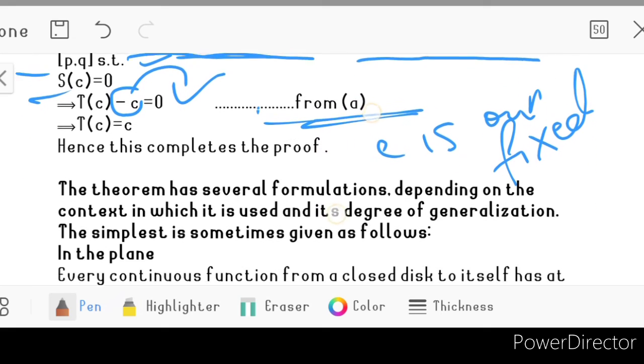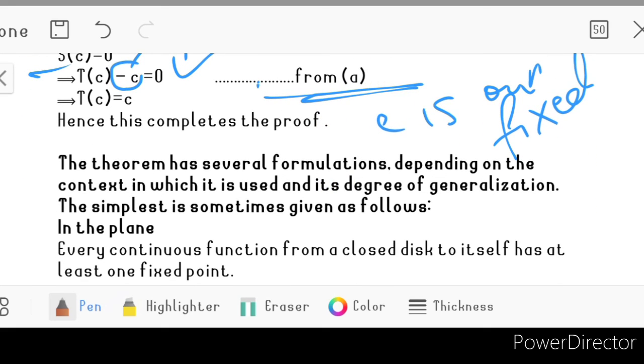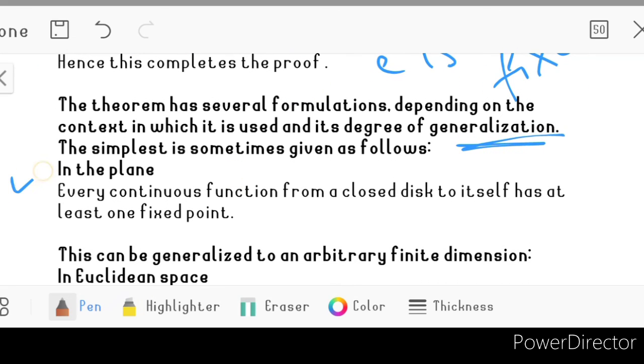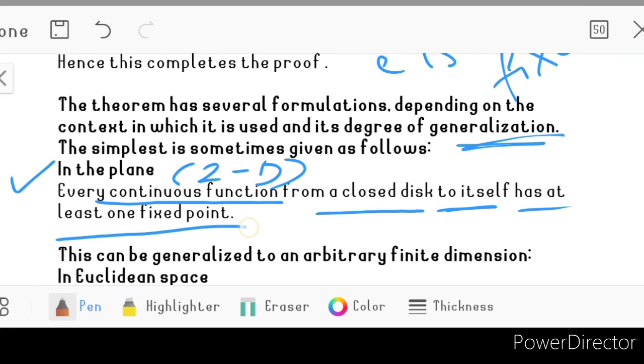This completes the proof. So we have some generalized versions, and they are basically based on the dimension. The theorem is the same, but if we talk about this in a plane, that means in 2D, two-dimensional, every continuous function from a closed disk to itself has at least one fixed point.